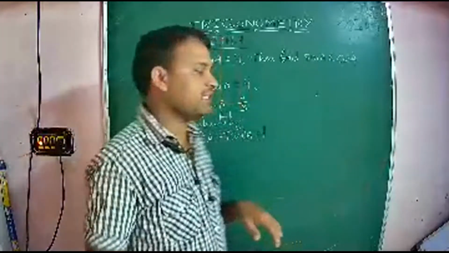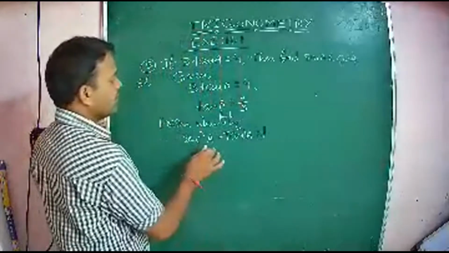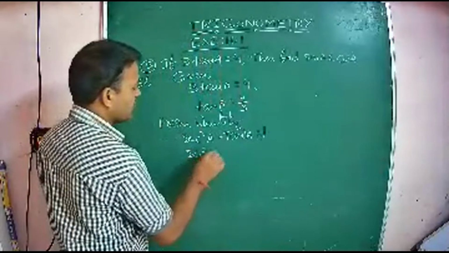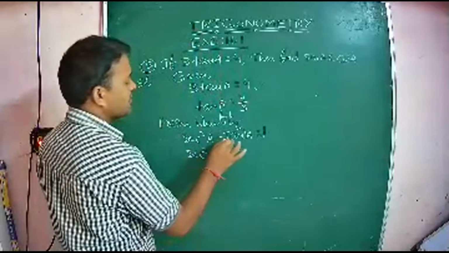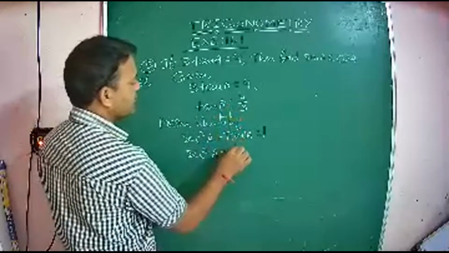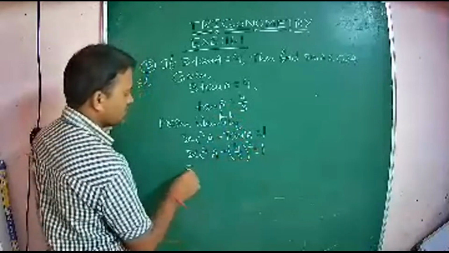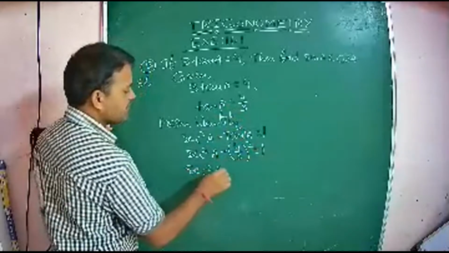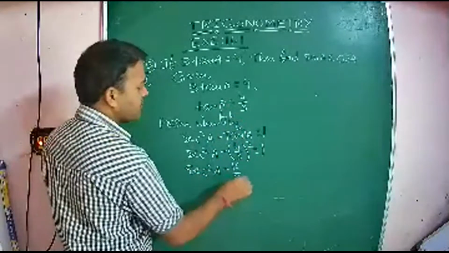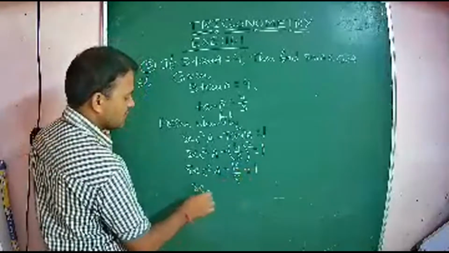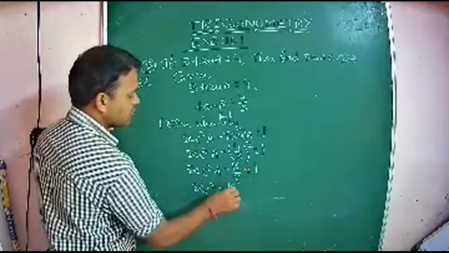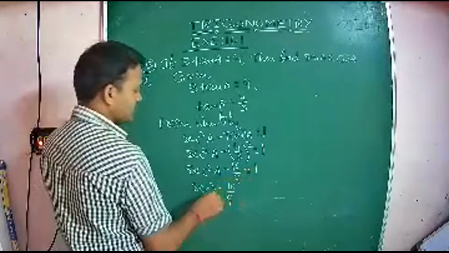So now I need to find secant square a minus 4 by 3 whole square equals 1. So then secant square a minus 16 by 9 equal to 1. So then secant square a is equal to 16 by 9.